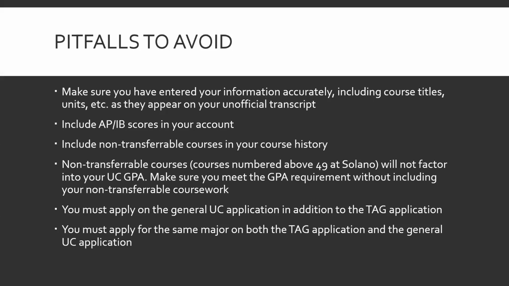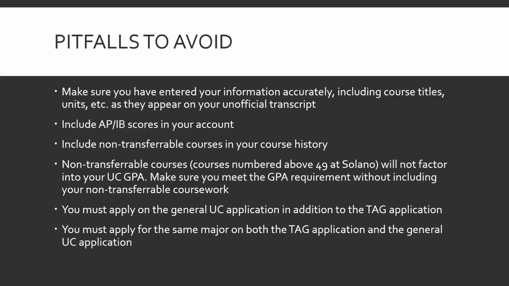So you want to make sure that you're still meeting the GPA requirement without including those courses. You also want to be careful and make sure that you still have the proper amount of units without those courses. Those are two things I've seen before that can be challenging for students when we notice them kind of at the last minute.